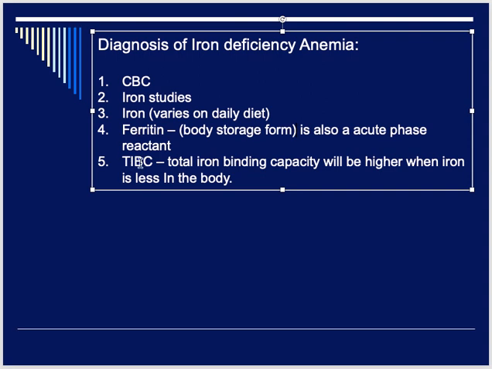Then we can check the total iron binding capacity. Normally one third of the transferrin is saturated with iron. So when the iron is less, the total iron binding capacity will go higher. When the iron is more, the total iron binding capacity will be less.